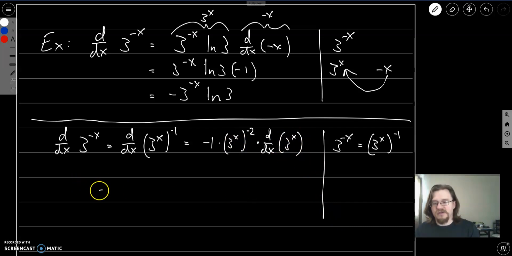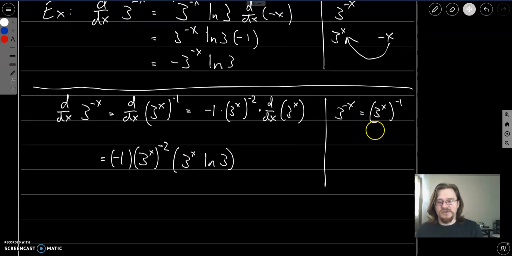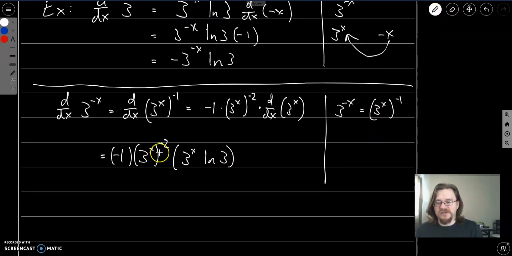Well, that part is easy. So I'll have negative 1 up front times 3 to the x to the negative 2. And then the derivative of 3 to the x is 3 to the x times the natural log of 3. So we're nearly done because I've got my negative sign for multiplying by negative 1.